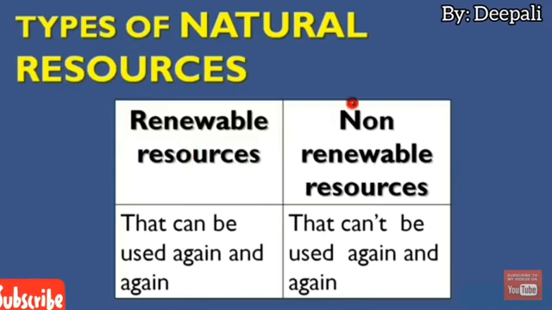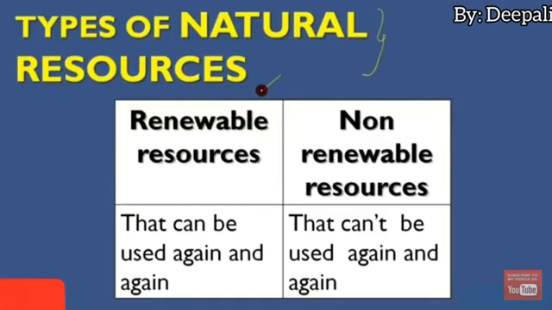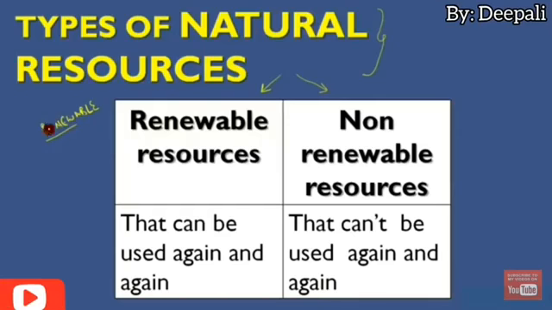Dear students, we can categorize natural resources in two types: renewable and non-renewable. Renewable resources can be used again and again, means these are present in unlimited quantity in nature and are not likely to be exhausted by human activities.